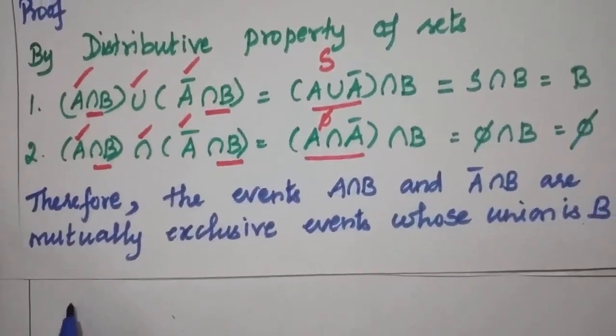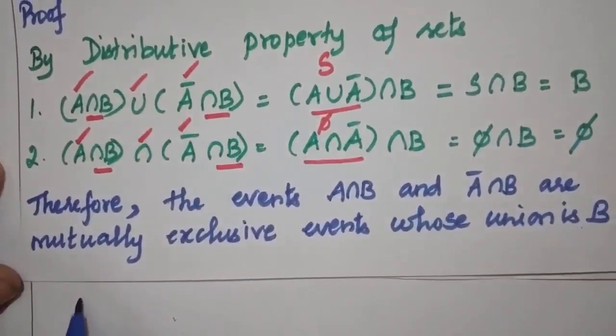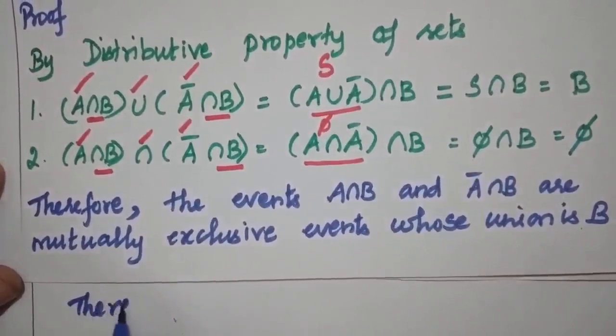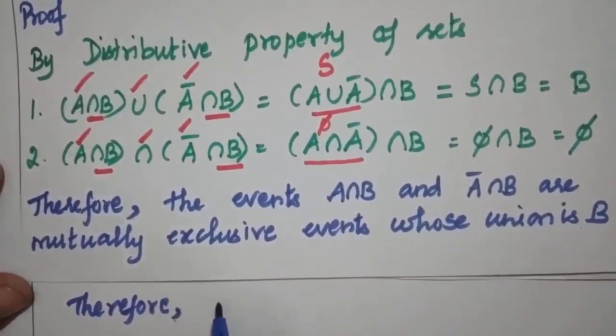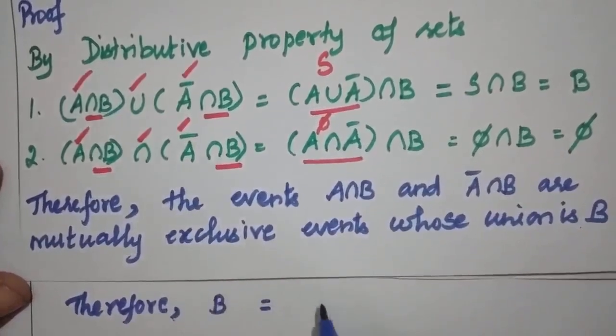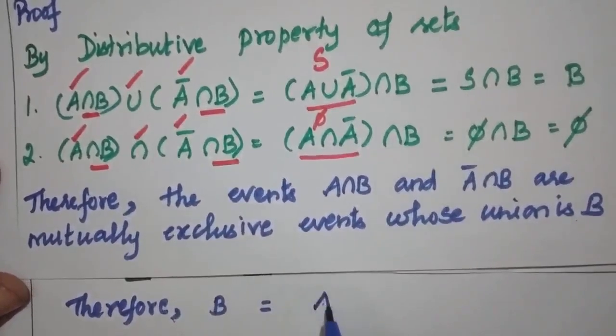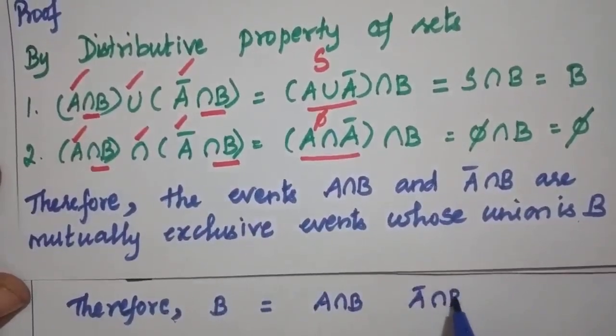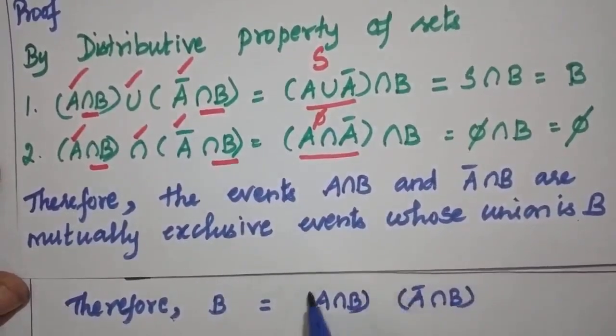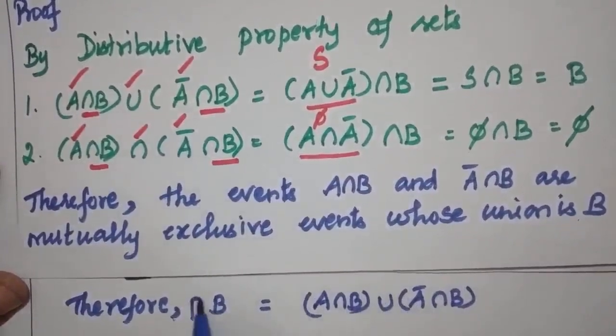So from this we can write it as, therefore P of B, so B is union of the two events A intersection B and A dash intersection B. Now we are going to take the probability value of this one.